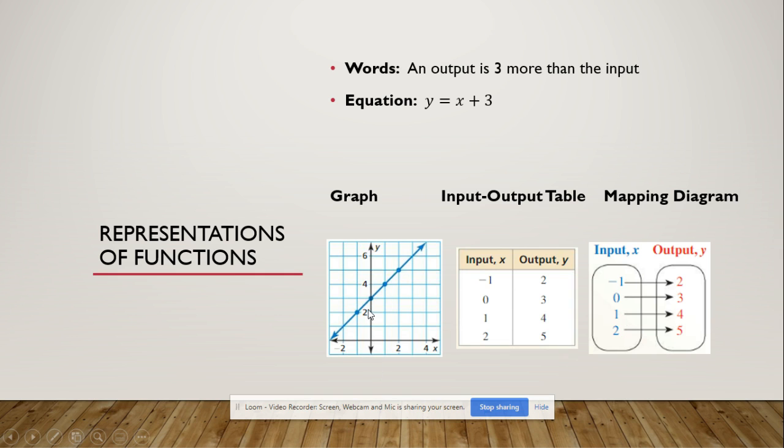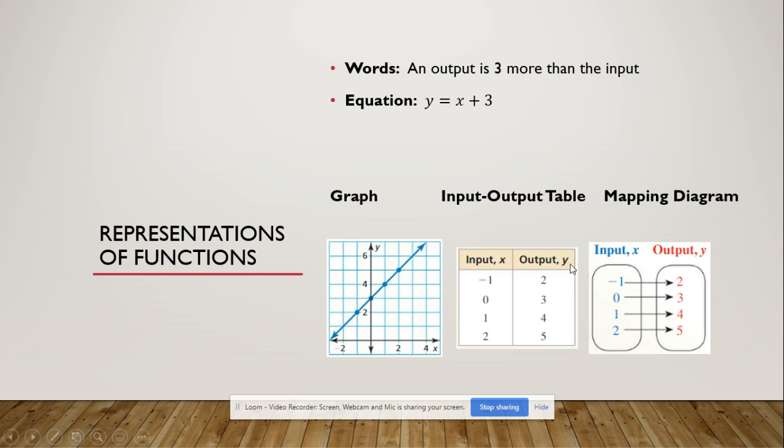Okay? In a graph, it's linking inputs with outputs. So when x is 0, we see that y is 3. So if the input is 0, we add a 3 to it, get the output of 3. If x, the input, is 1, the output would be 4. We did 1 plus 3 is 4. So this is a graph that shows all possible input-output combinations.